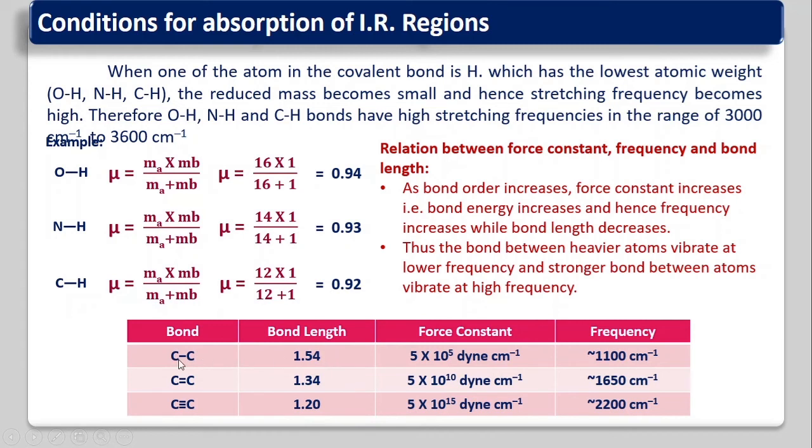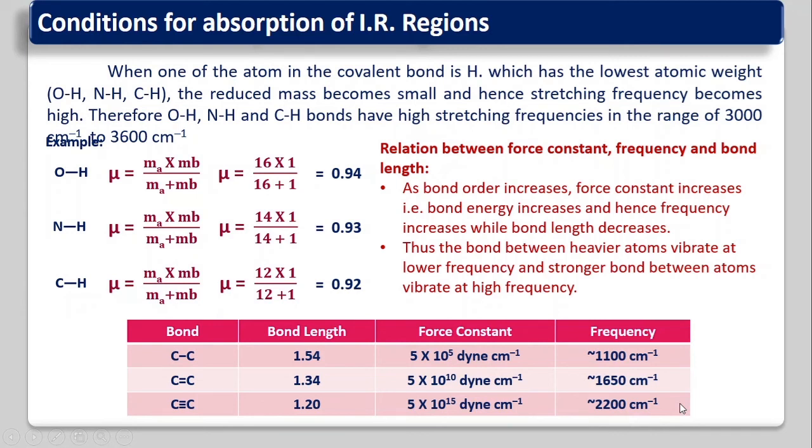So if the single bond is there, that absorbs near about 1100 centimeter inverse. If the bond becomes stronger, then it absorbs at higher frequency. The double bond stretching frequency is around 1650 centimeter inverse, while the vibrational frequency for the carbon-carbon triple bond is even higher, around 2200 centimeter inverse.